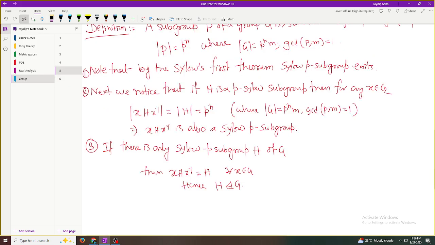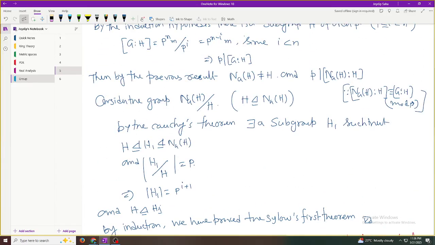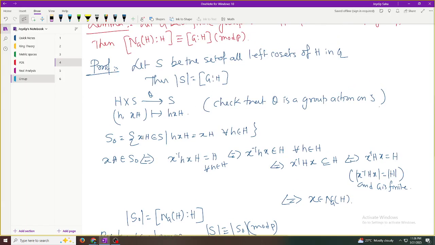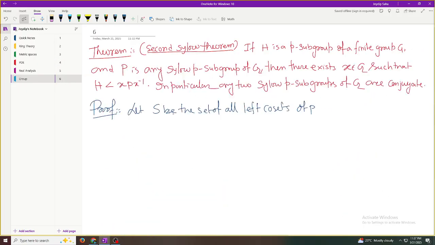I am just using this technique, the same technique. Consider the action of H on S by H cross S to S, where h and xP go to hxP.